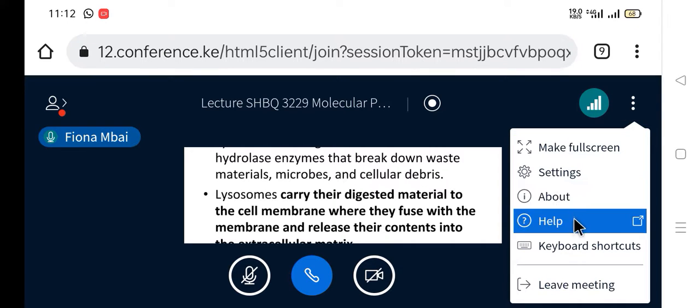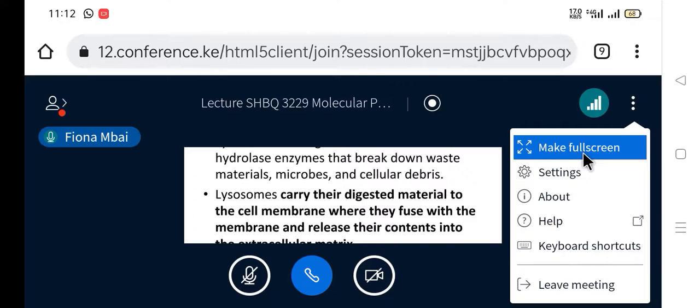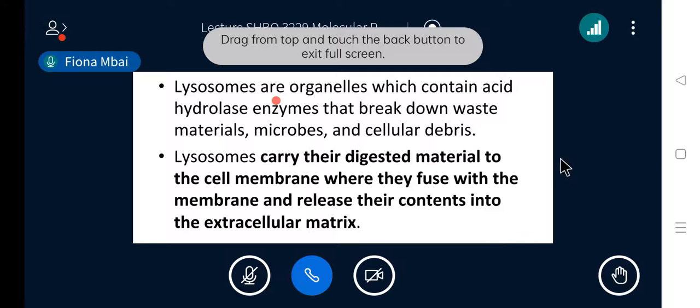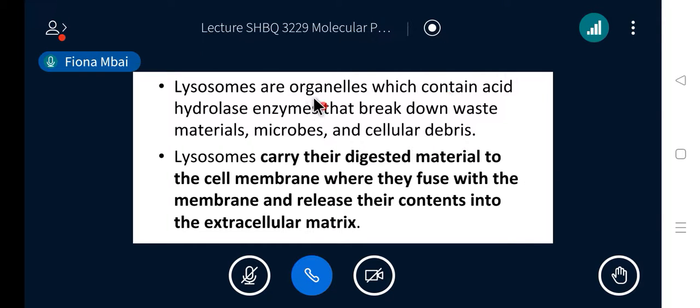So pathway number one is exocytosis in cells, which involves the fusion with lysosomes. These are the organelles which contain acid hydrolase enzymes, and these enzymes are known to break down waste materials, microbes, and also cellular debris, used material from the cell. So lysosomes carry their digested material to the cell membrane, where they fuse with the membrane, and then they release their content into the extracellular matrix or the extracellular fluid.